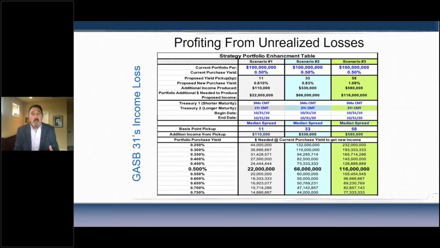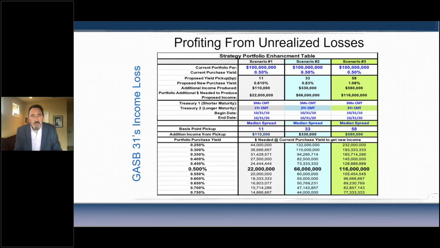Or on $100 million of investment, about $330,000 a year, $3.3 million over the last 10 years. It's a significant hit. I'm being quite conservative. If I went back longer, you would see those spreads would be wider and greater.